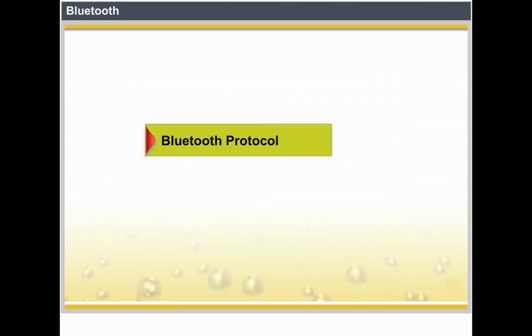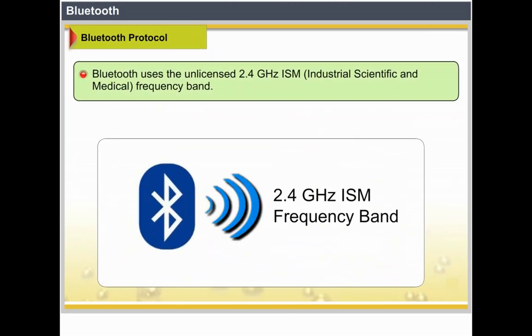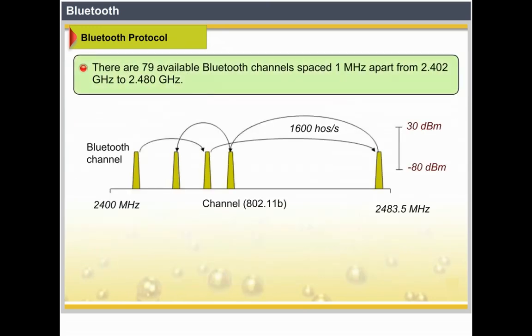Bluetooth protocol. Bluetooth uses the unlicensed 2.4 GHz ISM, industrial, scientific, and medical, frequency band. There are 79 available Bluetooth channels spaced 1 MHz apart from 2.402 GHz to 2.480 GHz.